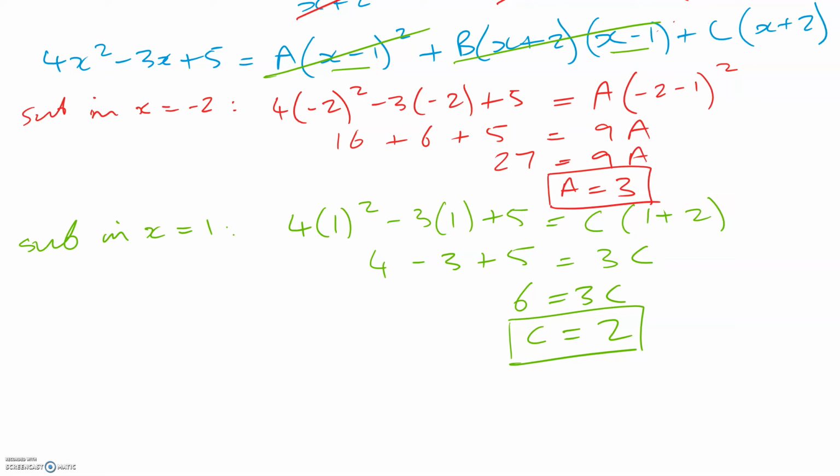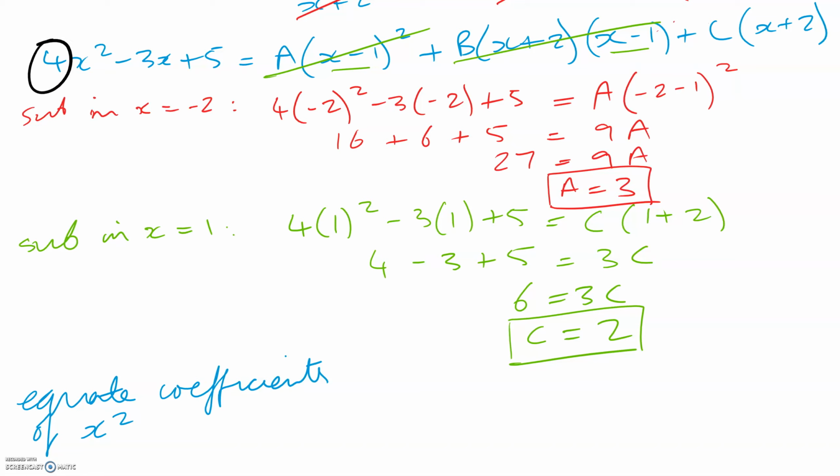Now we can't do another substitution to make the brackets equal 0, but we can equate the coefficients now. I think it's probably easiest to equate the coefficients of x squared. So if we do that, you can see that the coefficient of x squared on the left hand side is 4.